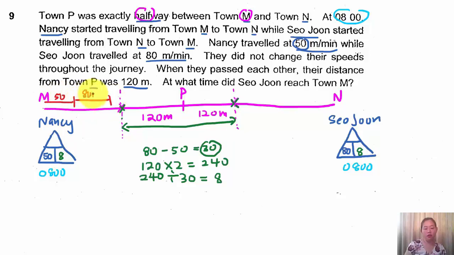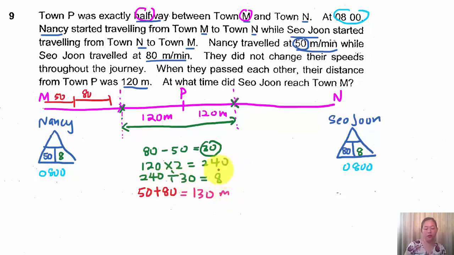So together in 1 minute, they can do a total of 50 plus 80, which is 130 meters.